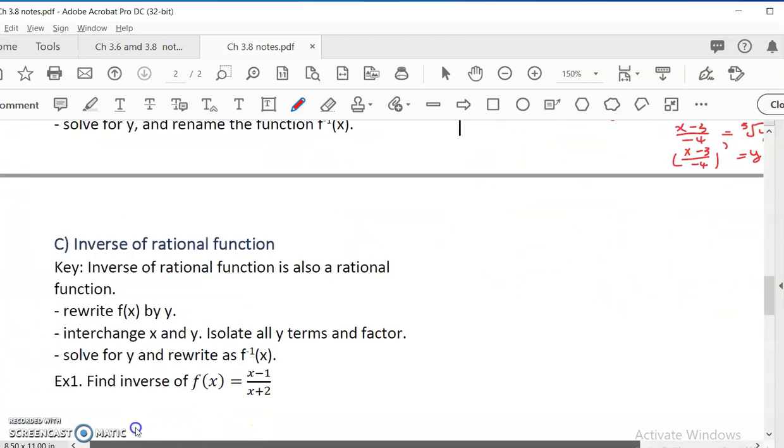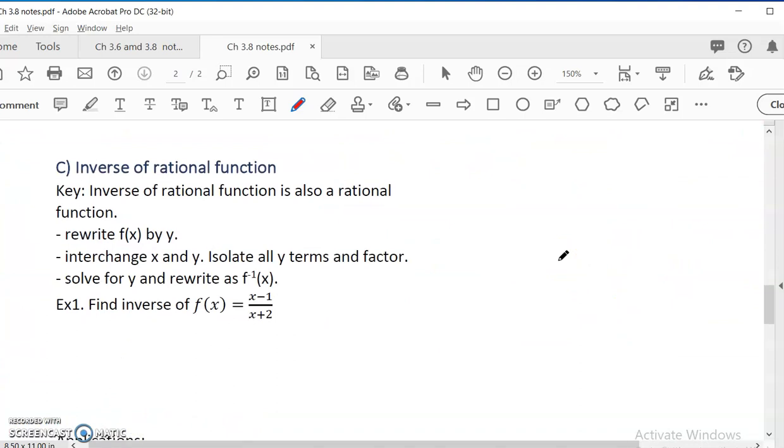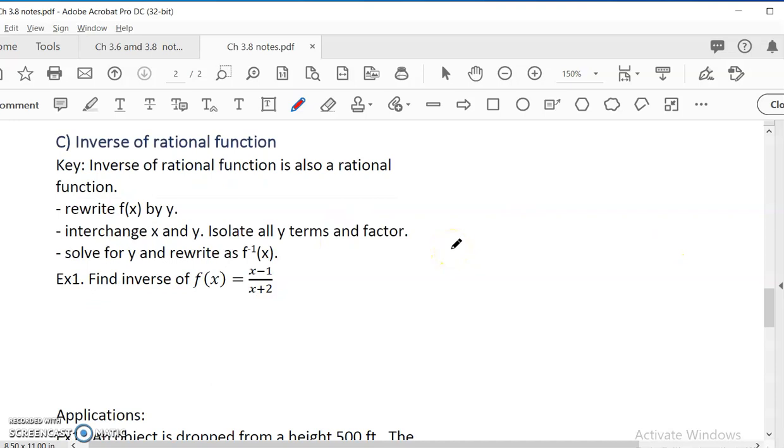Okay. So the last part is the inverse of a rational function. We briefly talked over this in the last part of chapter 1, but we didn't get into more complex rational functions. Before we start chapter 4, where we will actually do rational functions, we're dealing with inverses of rational functions.